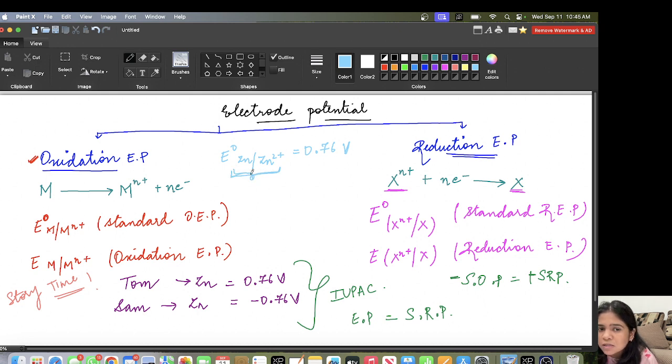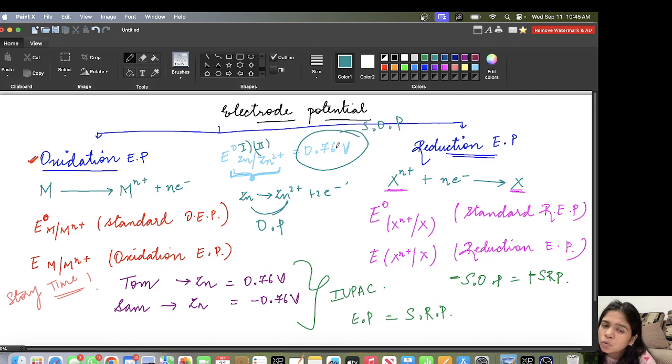What is happening here, oxidation or reduction? Here oxidation is happening, right? Because zinc is getting converted to Zn2 plus. Metal is converting into ions. Zn is converting into Zn2 plus plus 2 electrons. So here oxidation is happening, which means this is the value of standard oxidation potential. Now if you need to convert it into standard reduction potential, you just need to take the negative of it. So minus 0.76 will be your electrode potential. Got it?